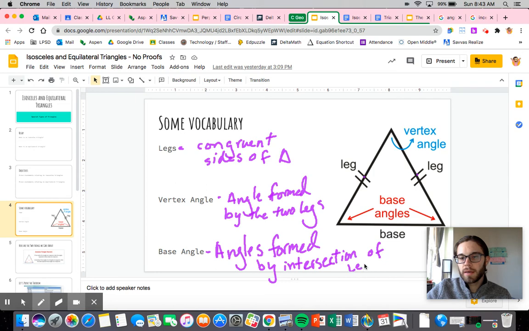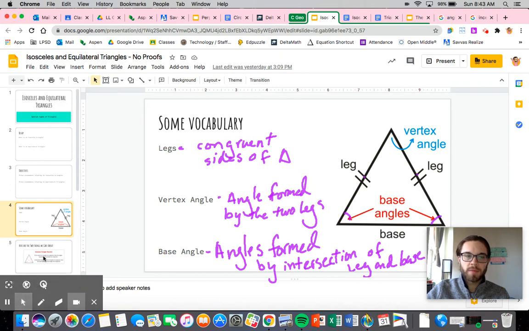So they are formed by the intersection of the leg and the base. We'd have these two. As we're going to find out later, they're also congruent. You, again, probably would have guessed that, but that's just something to keep in mind.